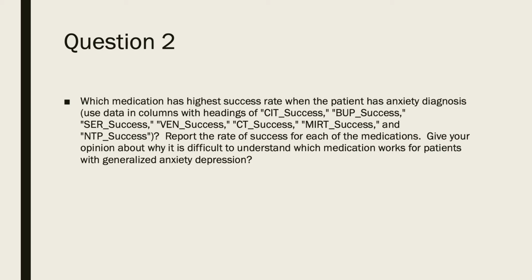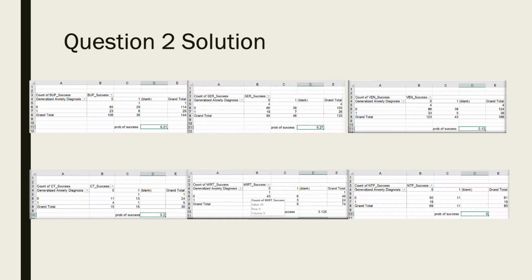If we go to the next slide, pretty much the same calculation was done. We are given a total number of patients who have anxiety, and then we are given a number of patients that received a specific treatment.